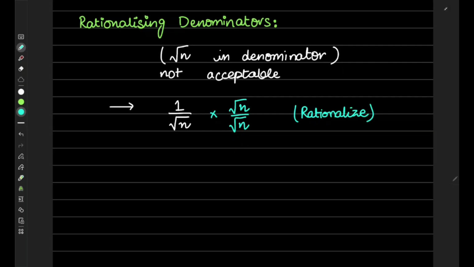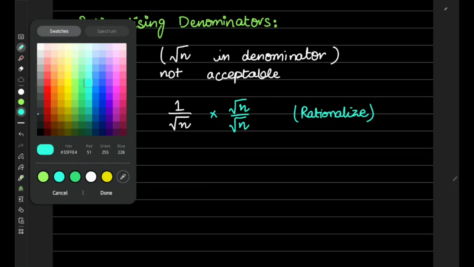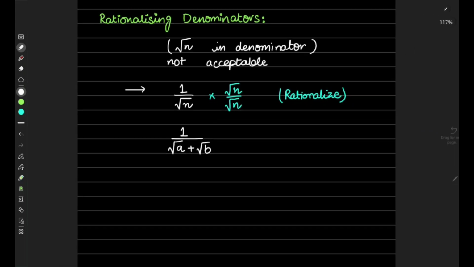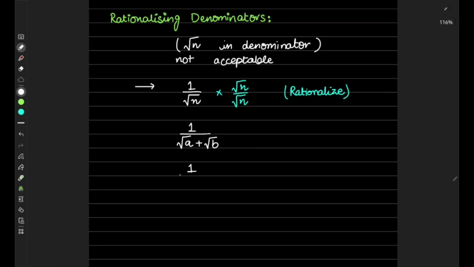What if you have 1 over square root of a plus square root of b? Or what if you have 1 over a plus square root of b? That means you have both surds with a plus sign in between, or two terms in the denominator but one is a surd and one is not.